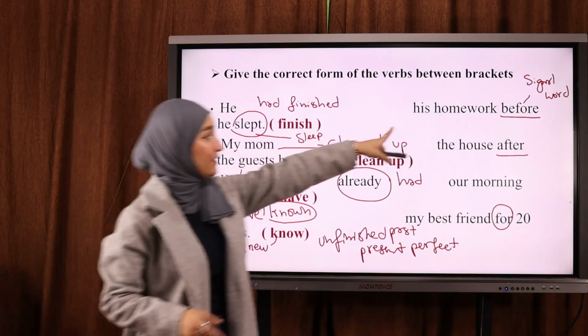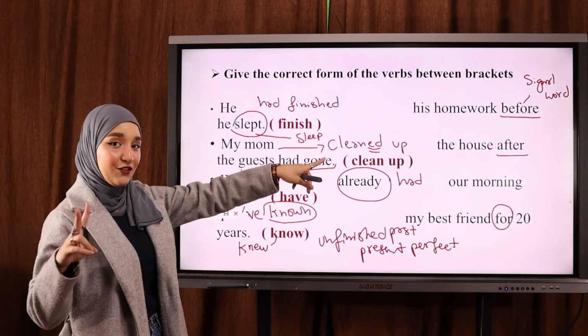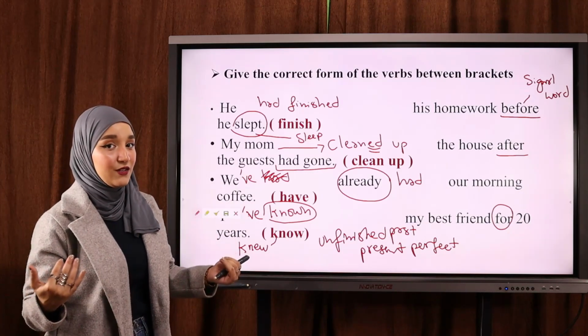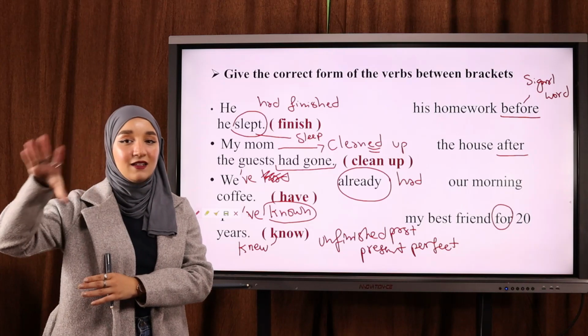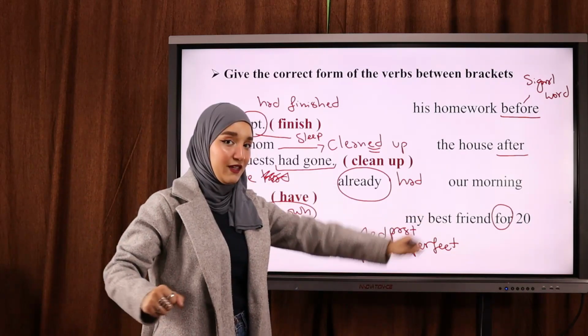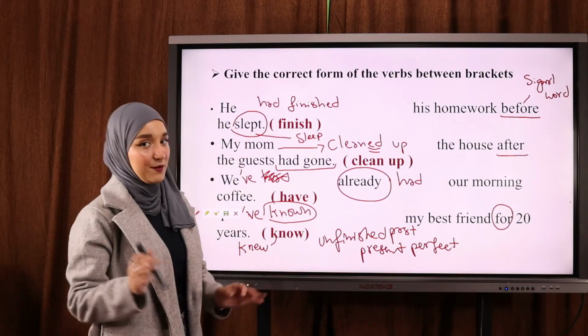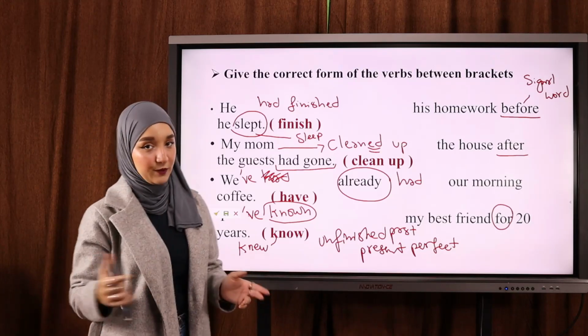So for example, in this case, في هذه الحالة, كانت عندي another action number 2, and I have a verb in the past. So automatically, if I already have a verb in the past, إذا أنا عندي verb في الماضي, الفعل الثاني يكون في past perfect. Okay, so use this trick. استعملوا هذه الtrick, and I hope it'll help you a lot.